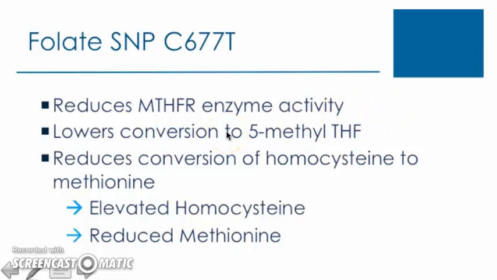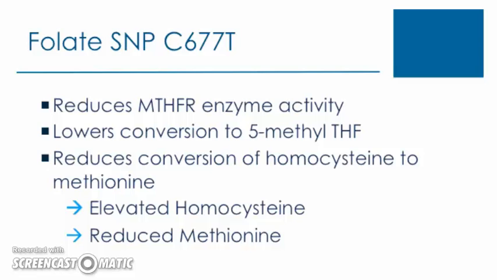So with this SNP, we have a lower conversion to 5-methyl tetrahydrofolate. So we have lower 5-methyl THF levels. And so with lower 5-methyl THF, we have reduced conversion of homocysteine to methionine, which elevates homocysteine and reduces methionine.